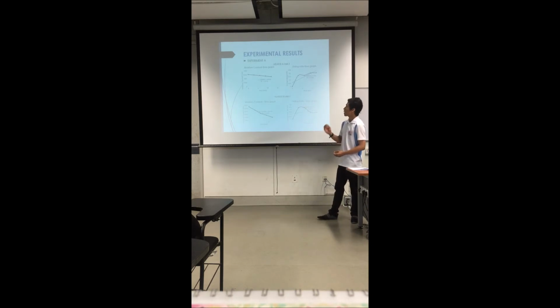The graphs here show the same pattern. In the moisture content versus time graph, the moisture content decreases with time, and as for the drying rate versus time, we can see that the drying rate is faster initially and gradually decreases as the time increases.